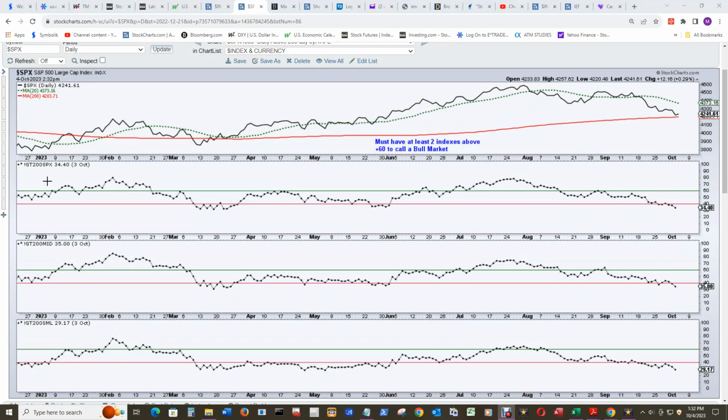Same thing in the 200 simple moving average for the large, mid, and small. The last dot for October 3rd is under 40. So this one uses plus 60 to call a bull market. So 60 to 100 is 40, and 0 to 40 is 40.